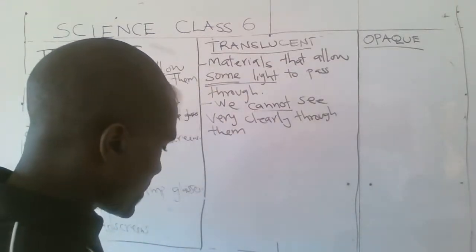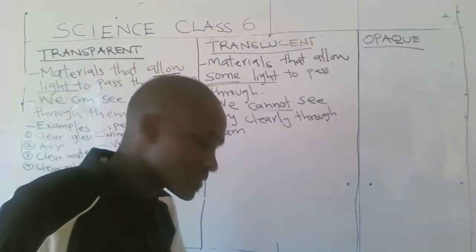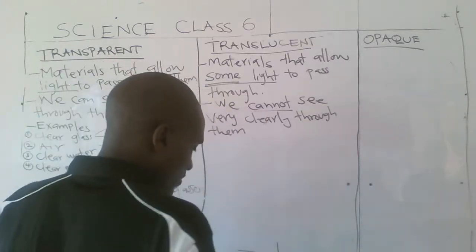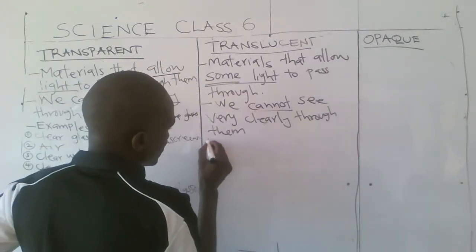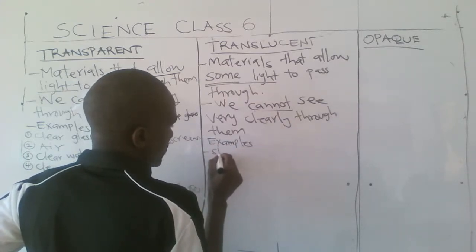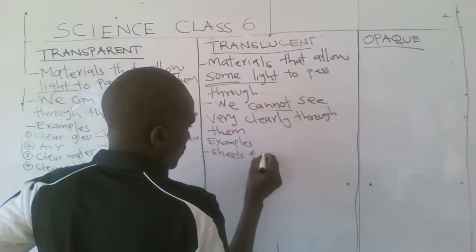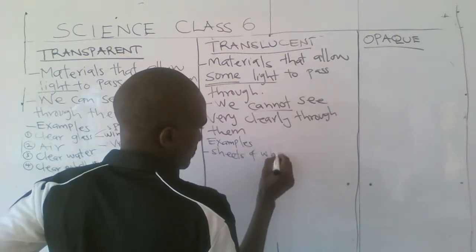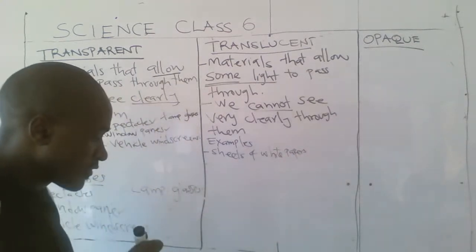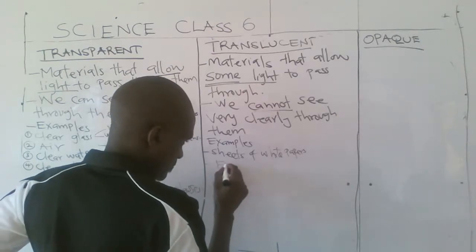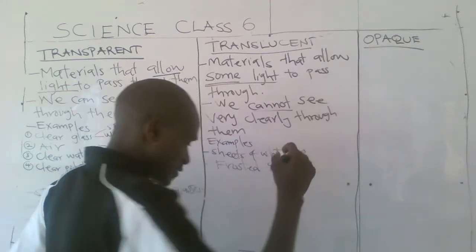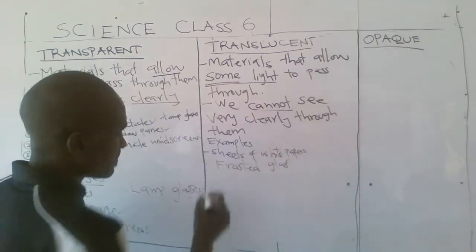We are going to give some examples of translucent materials. Here we have sheets of white paper. Frosted glass. We have tracing paper.